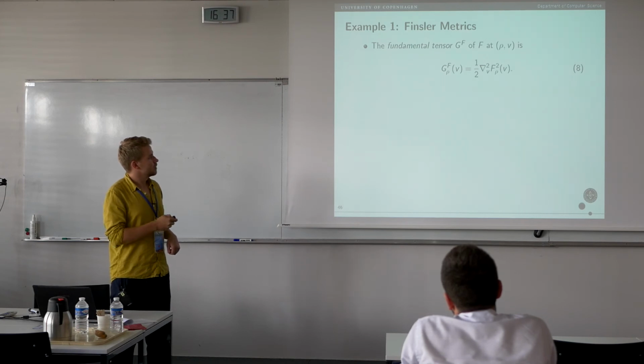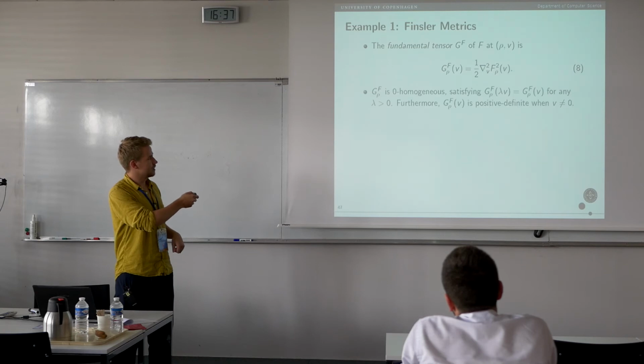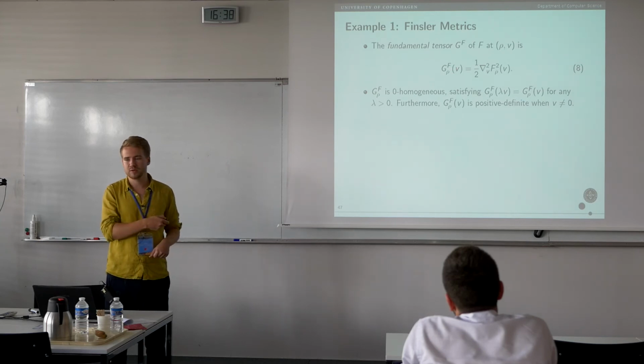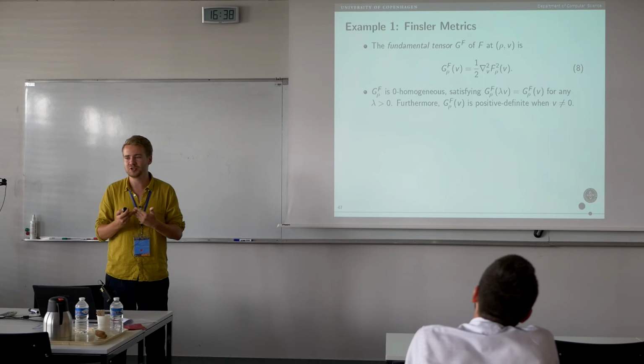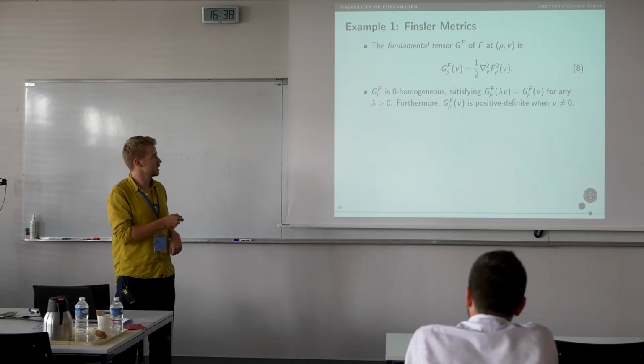But before that, we define the fundamental tensor here, which is just the Hessian of G at v. And because this fundamental tensor is the second derivative of a two-homogeneous function, it is zero homogeneous itself.